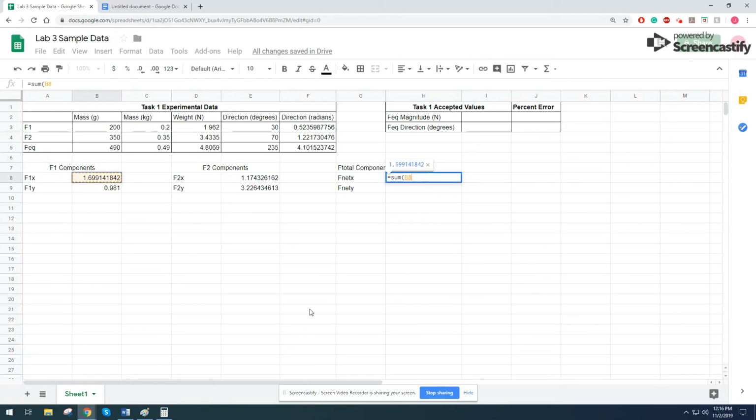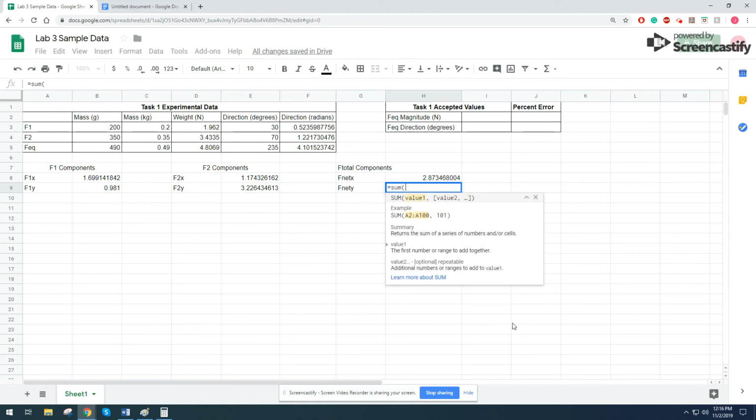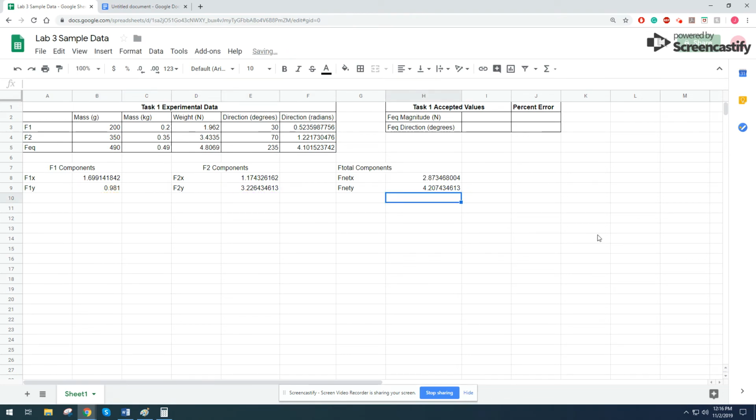I want to add this guy, comma, and this guy, and close parentheses. And do the same thing with the Y direction, right? You can only add vectors numerically, just adding them, if they're in the same direction. So these are both in the Y direction. So I want to add this guy and this guy. This is going to tell me how much total horizontal it went and how much total vertical it is, right?